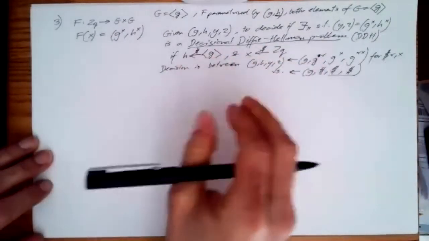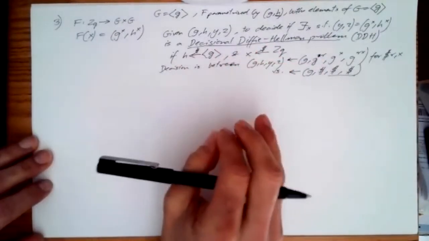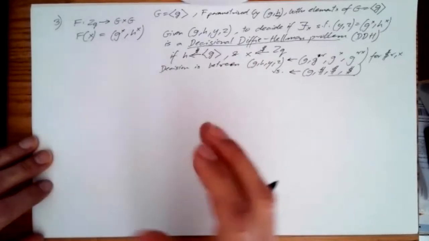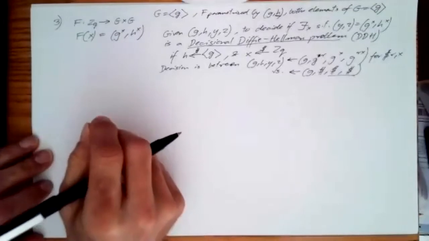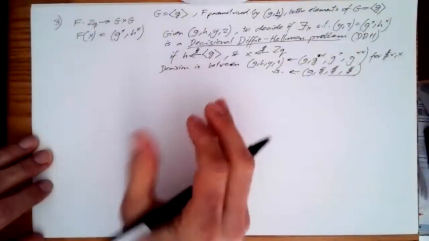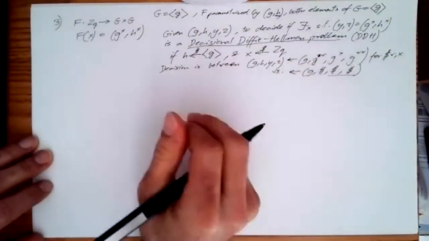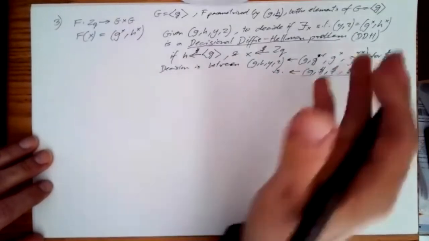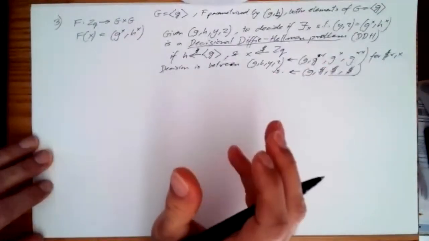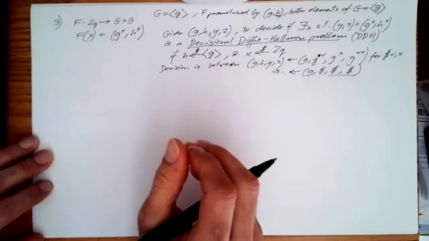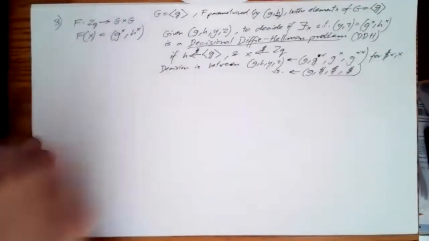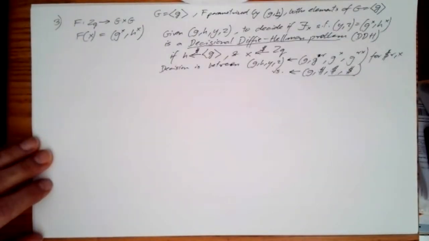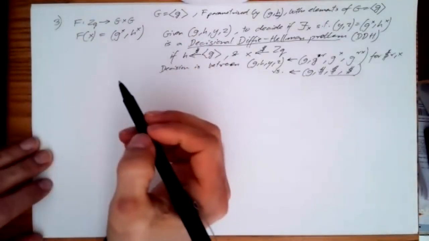Not in every group is the decisional Diffie-Hellman problem hard, but it is posited on many prime order groups, and you can find instantiations where the problem appears hard, and indeed it is a basis of public key cryptosystems. Okay, so now it is non-trivial.